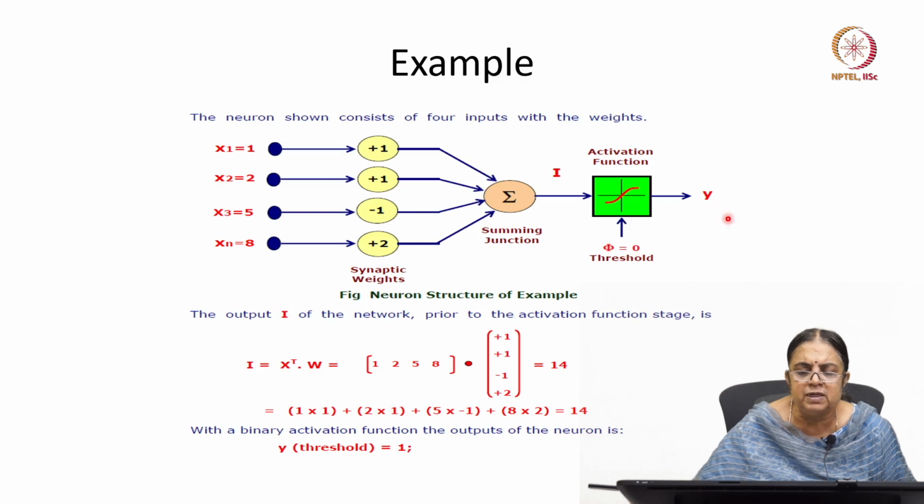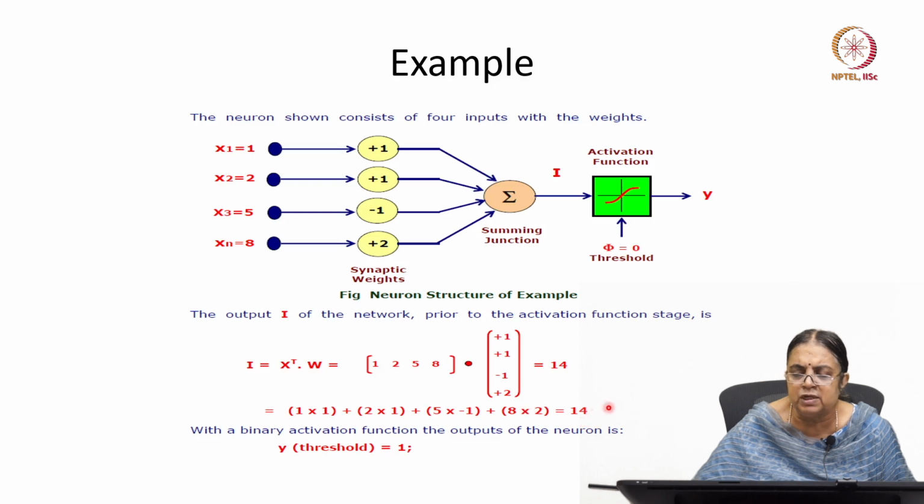For example, if we take this example over here, we have x transpose into w. Your x transpose will be 1, 2, 5 and 8, and when you transpose it, it will come like this, and w will be the weights here, plus 1, minus 1, 1, 2. If we take this product, you are going to get 14, which is 1 into 1 plus 2 into 1 plus 5 into minus 1 plus 8 into 2.